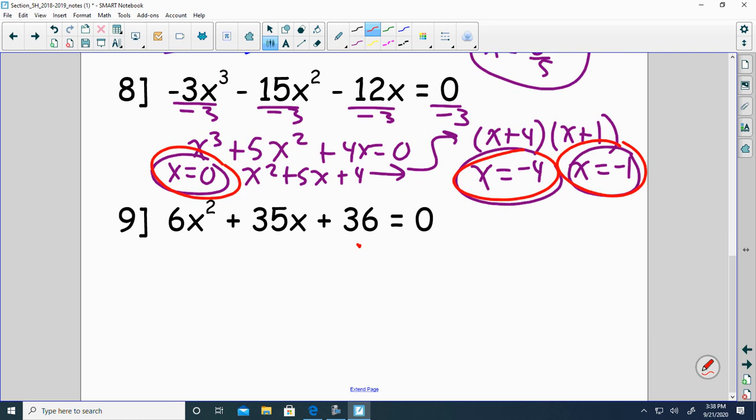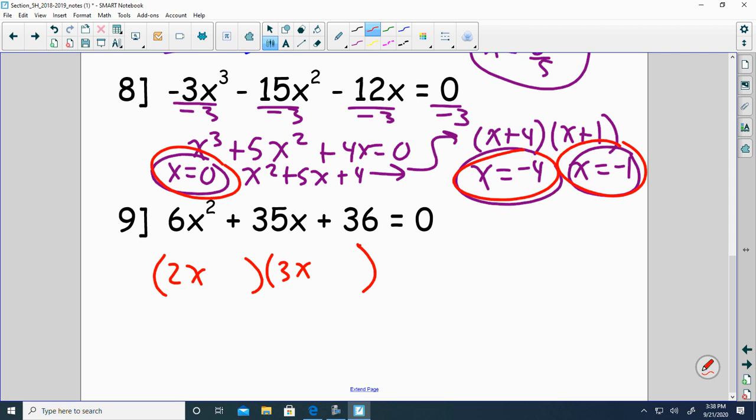Next one, doesn't appear I could factor anything out. So let's go ahead and try 2x and 3x, and think of the factors of 36. So 1 and 12, or 1 and 36?